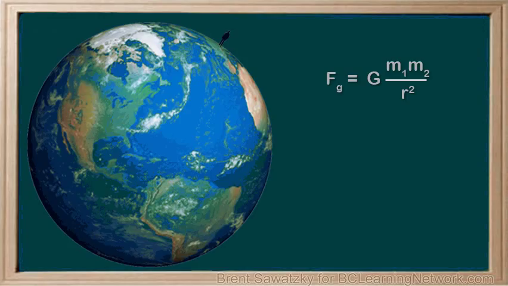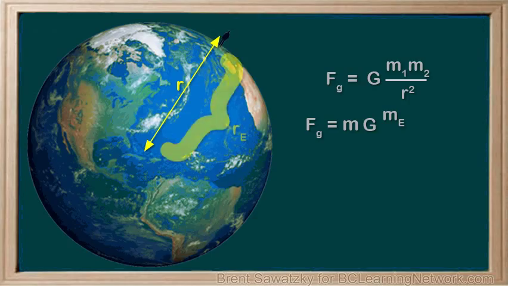If they wanted to determine the force of gravity between a person and the Earth, they'd use the constant G, that really small number. If we say that mass 1 is the Earth's mass, that's fine. Then mass 2 would be the person's mass. Now, r is the distance between the centers of mass. If we look closely at r, we know that it's basically the radius of the Earth plus just a little bit more.